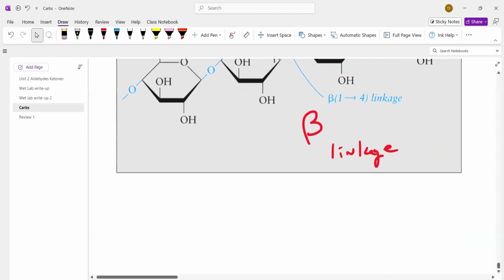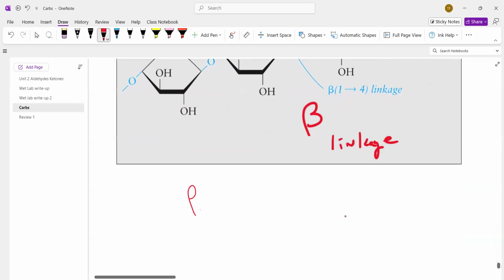So it's considered a prebiotic. Major microbiome.